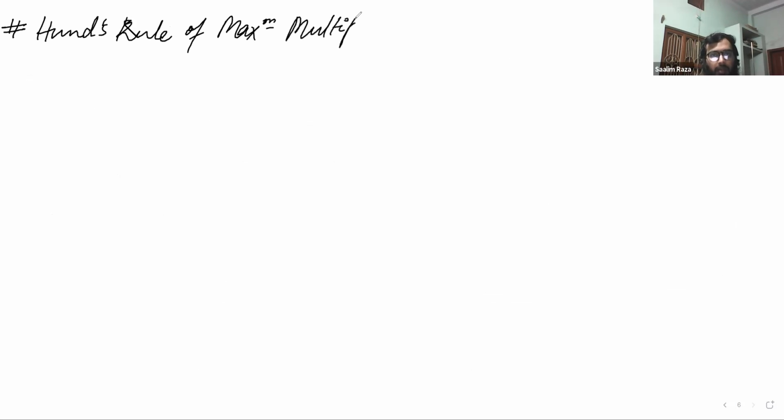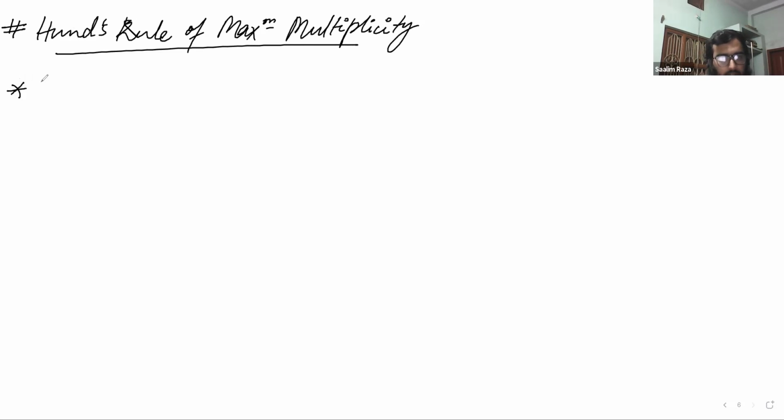Next thing that we have to learn is Hund's rule of maximum multiplicity. Let us see the statement first. What does this say?